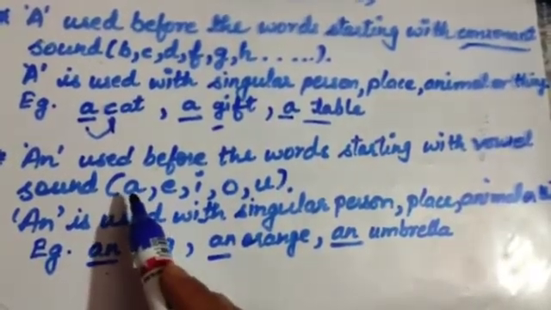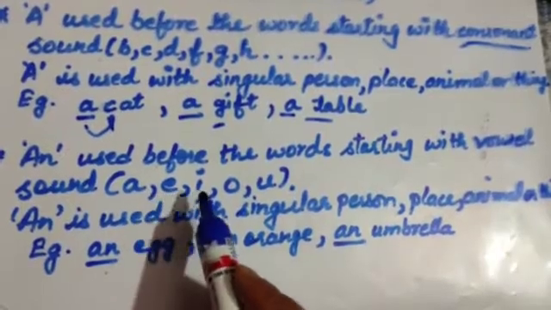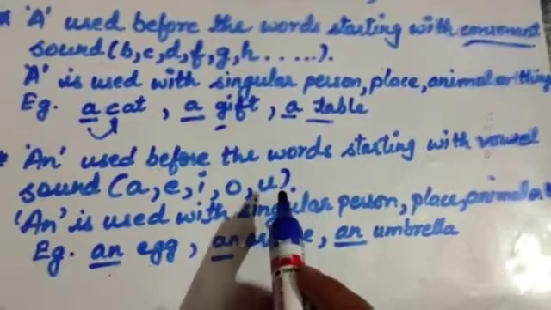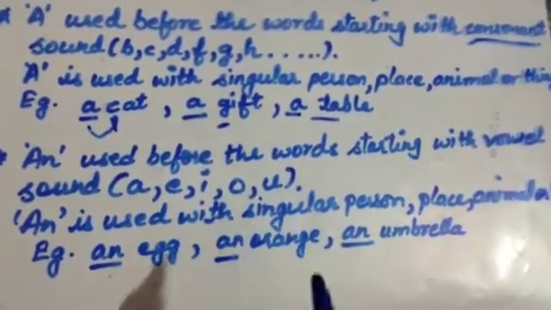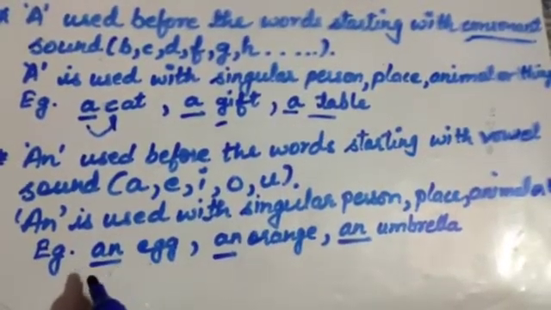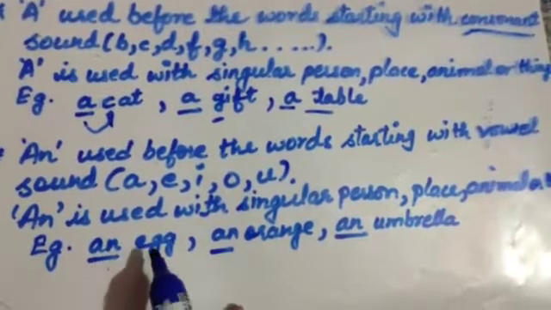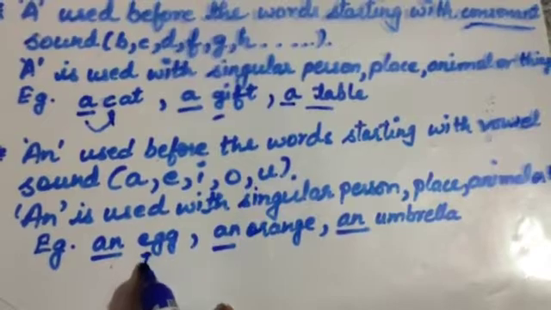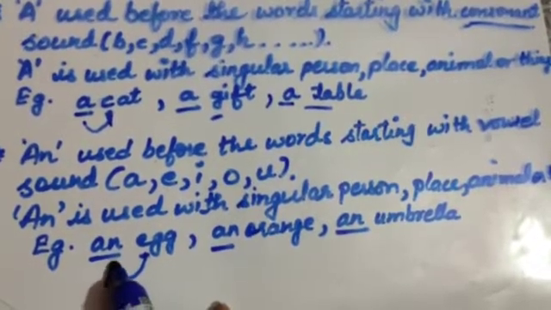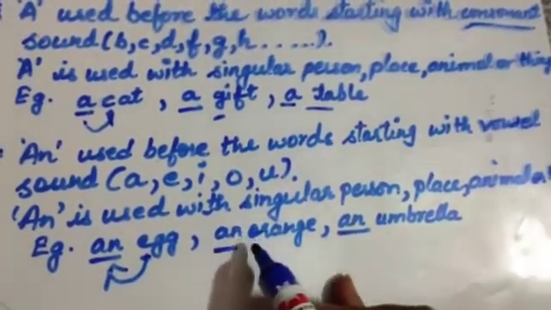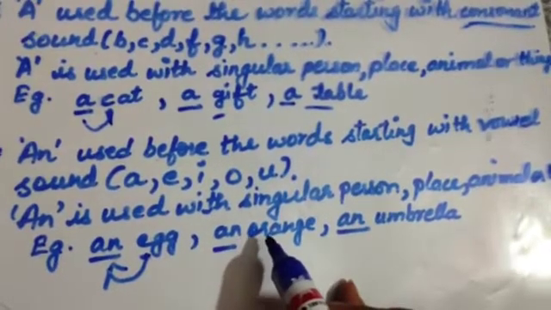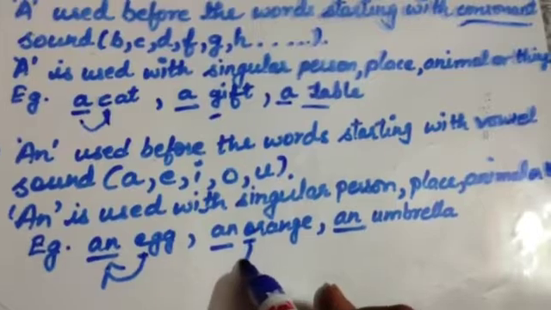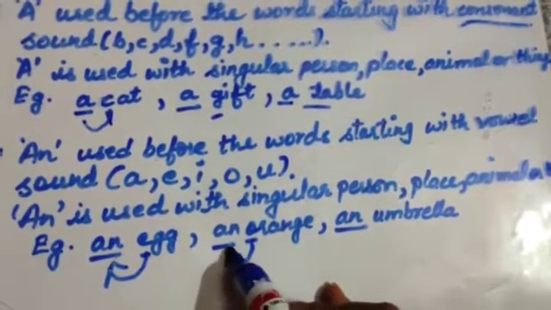A is a vowel, E is a vowel, I is a vowel, O is a vowel and U is a vowel. Okay class, the first example is an egg. E is a vowel, and before a vowel what will we use? An. Now next is an orange. O is a vowel, so before O we will use an.